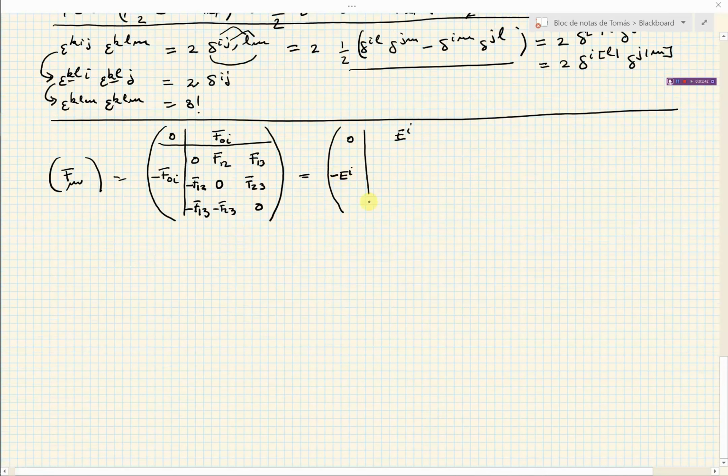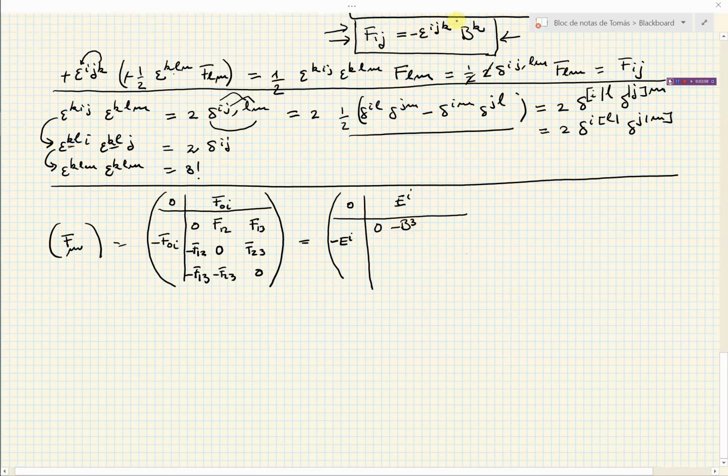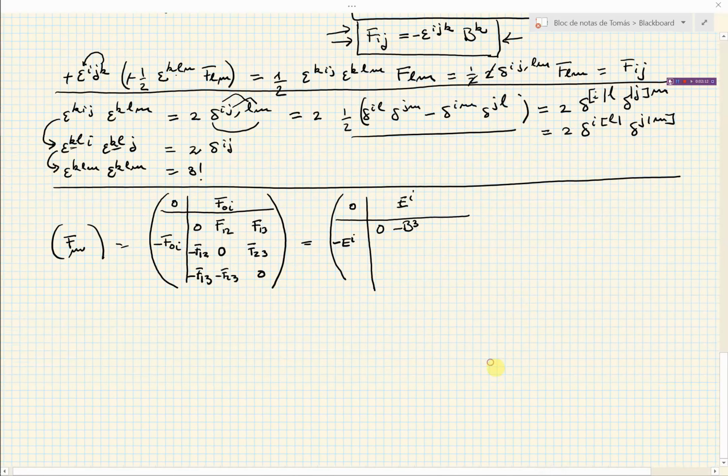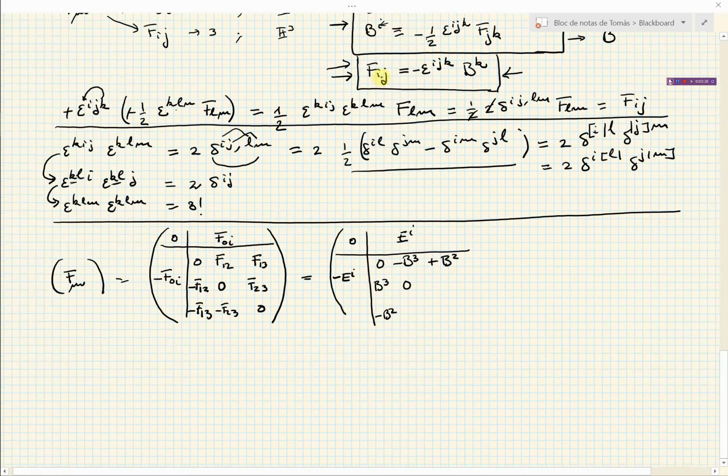Then f13 is minus b2. This is a permutation from 1 to 3, so it is plus b2. And here we have b3, minus b2, 0, and finally we have f23 is minus epsilon 2 3 1.